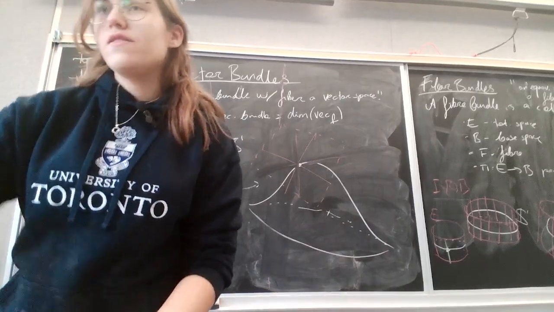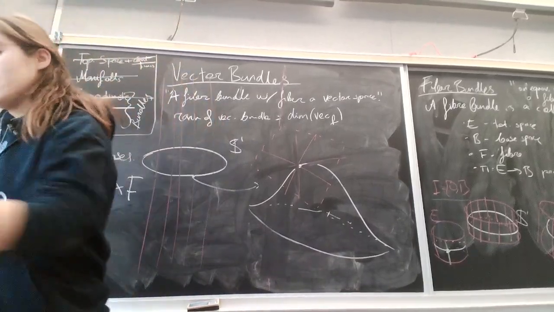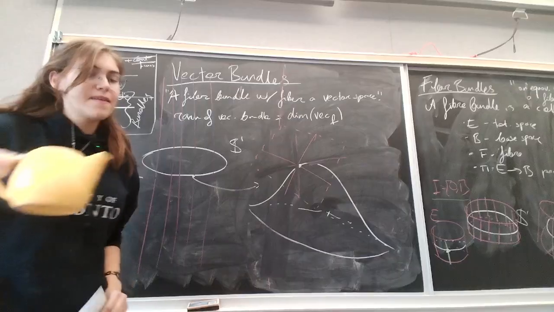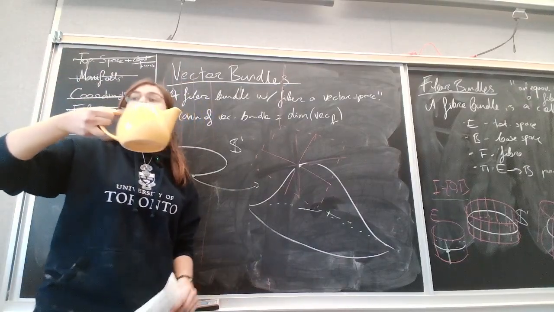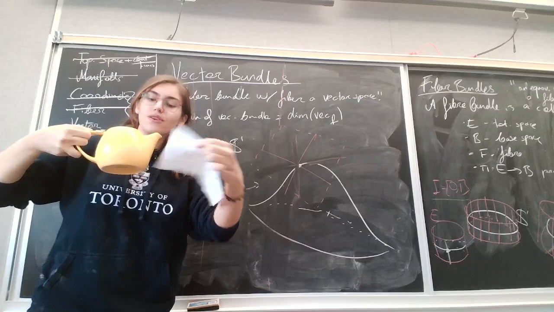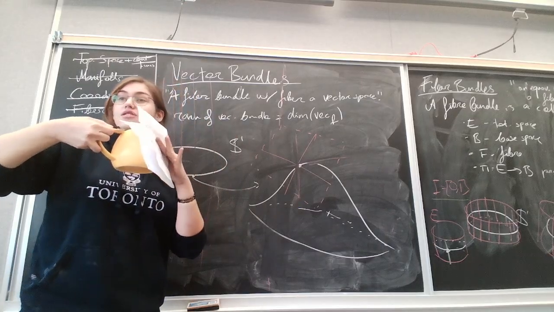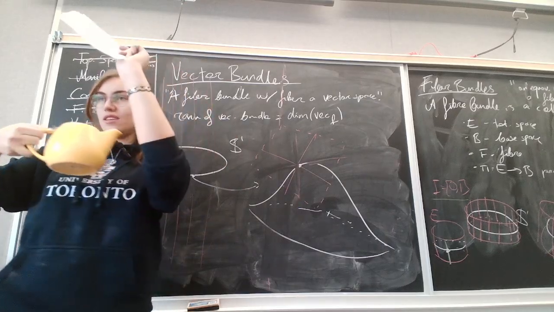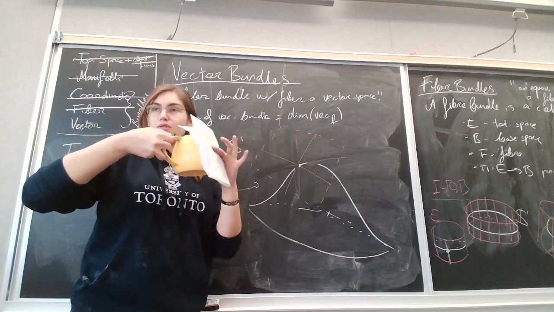So suppose this is your manifold, your base space, and for every point, suppose you chose this point, you stick a tangent plane to this point. So this is all the vectors that can be tangent at this point, right?